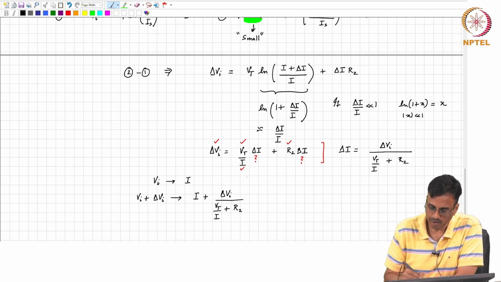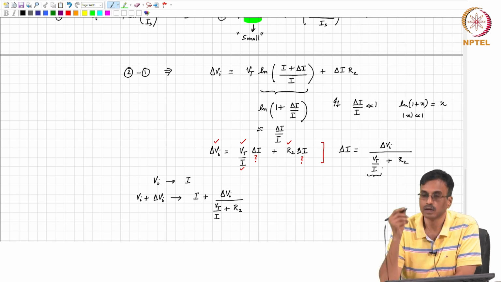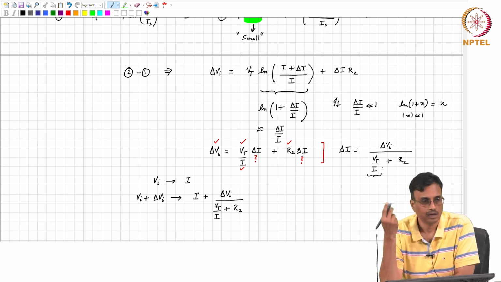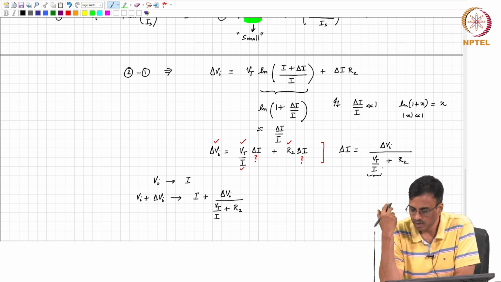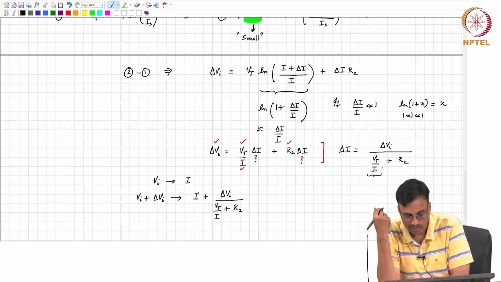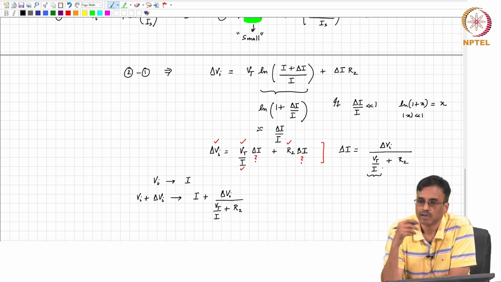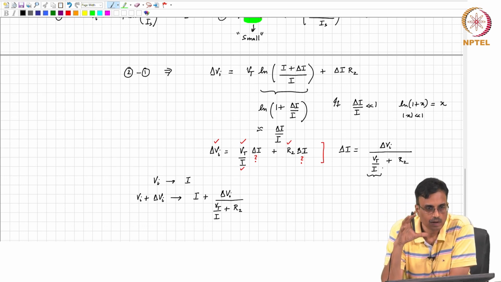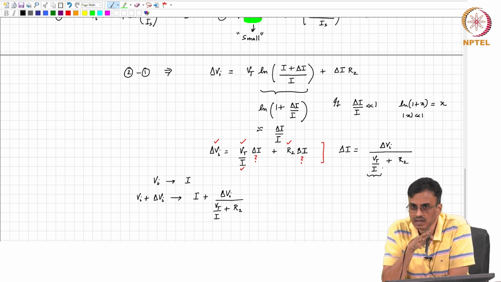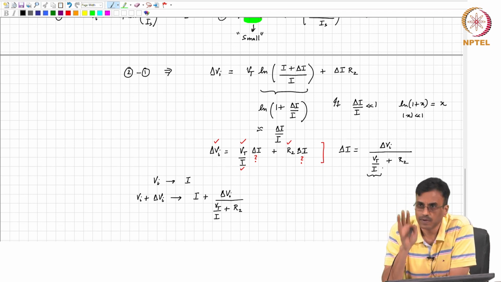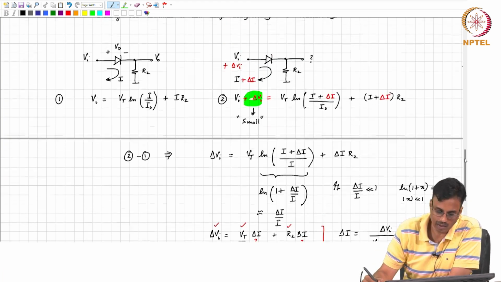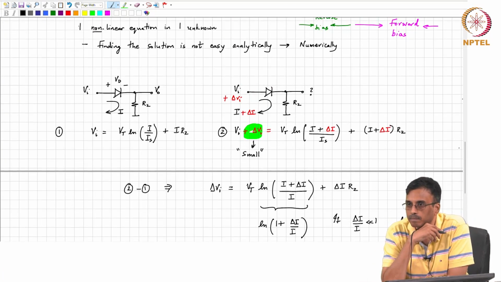What are the dimensions of Vt over capital I? It has dimensions of resistance. So the bottom line is that if we have a nonlinear circuit, finding the branch currents and the branch voltages for an arbitrary excitation is fundamentally a difficult thing to do, as we have discovered even with our simple diode example.